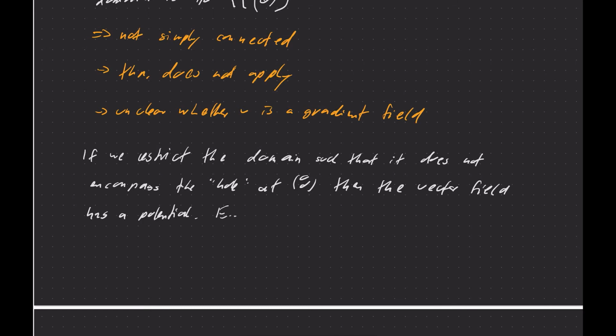So for example, let's say if we define D to be all x1, x2 in R2, where let's just say both x1 and x2 are strictly positive. So we take the positive quadrant. Then we have a simply connected domain.